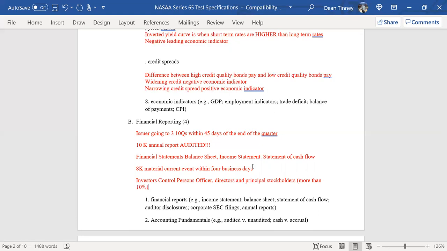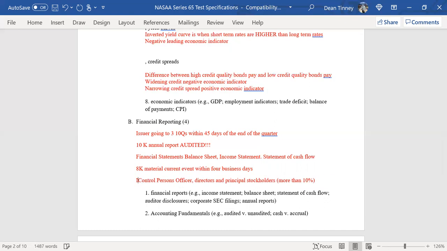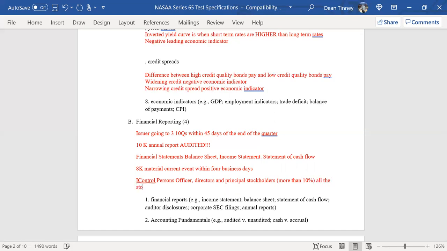And all that stock they own is called control stock. We're not going to let Larry Ellison call his broker and say, sell a billion shares of Oracle at the market. No. As a principal stockholder, well, I should say, to be proper here, 10% or more.